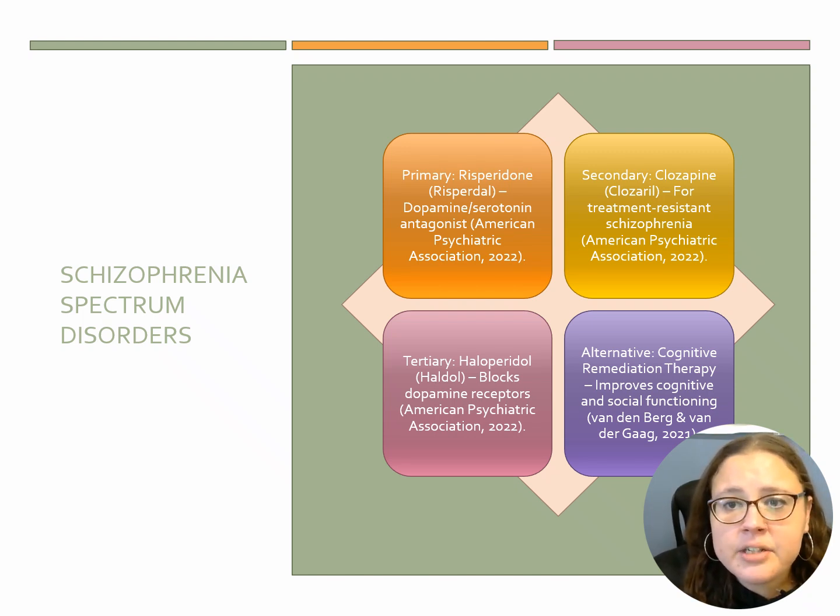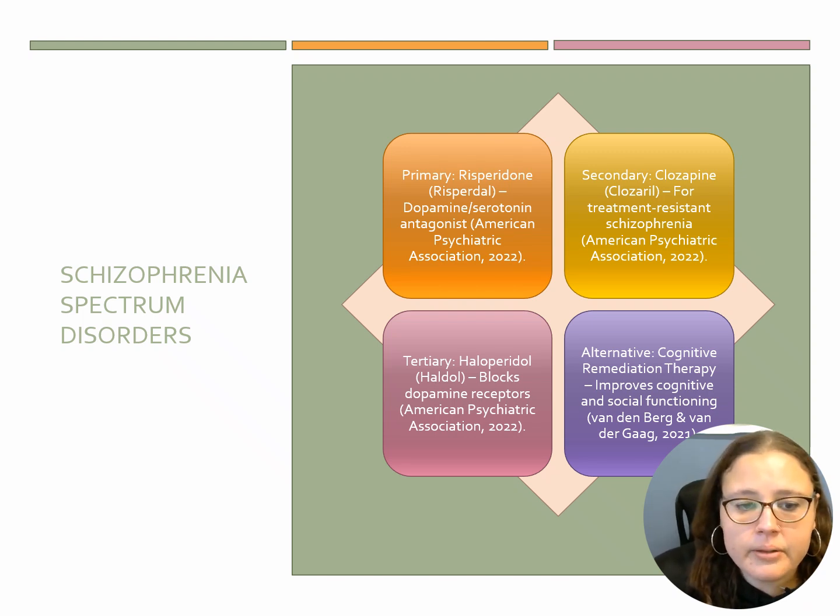Research by Vandenberg and Vandergaag also shows that integrating eye movement desensitization and reprocessing, or EMDR, for clients with trauma histories can help them reduce their intrusive thoughts. Together, medication corrects neurochemistry, while therapy restores that cognitive function and self-efficacy, supporting both recovery and community reintegration.